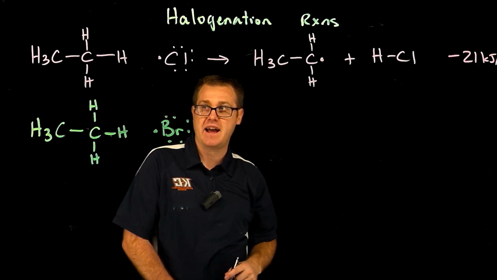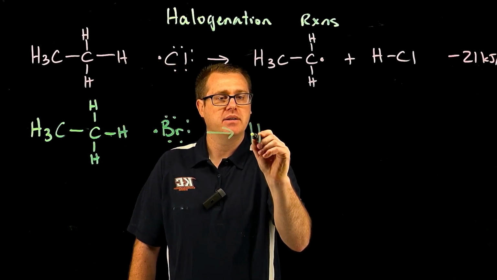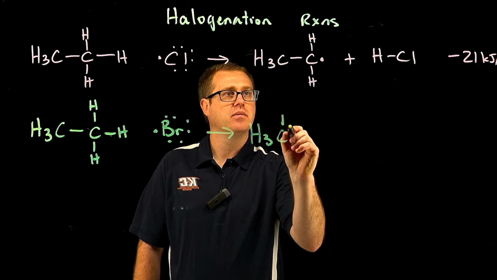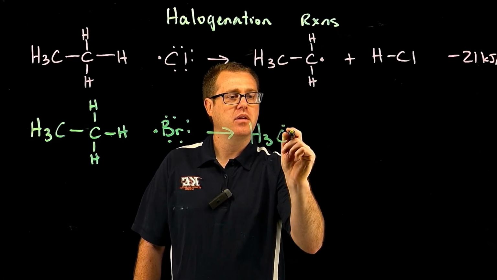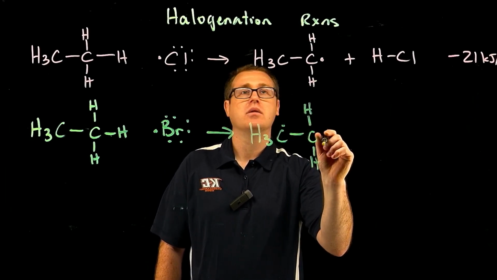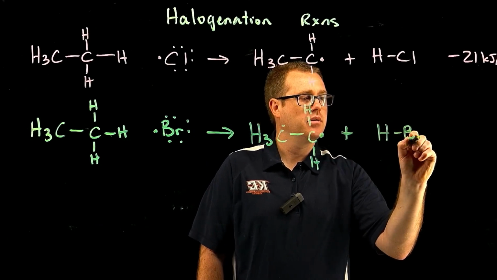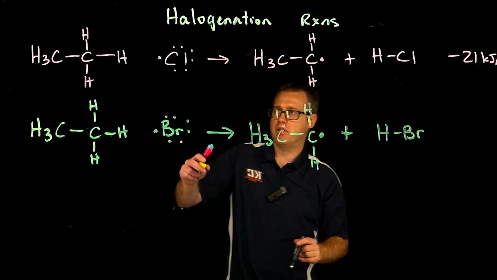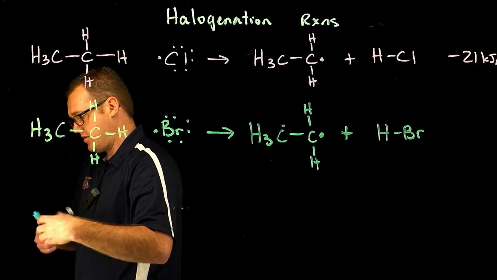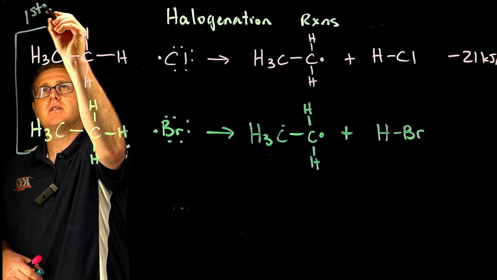So we're doing the first step in the propagation, and that would give us our radical plus our HBr. Now, both of these are the first propagation step.